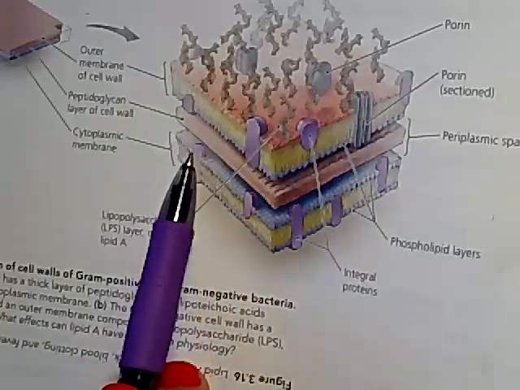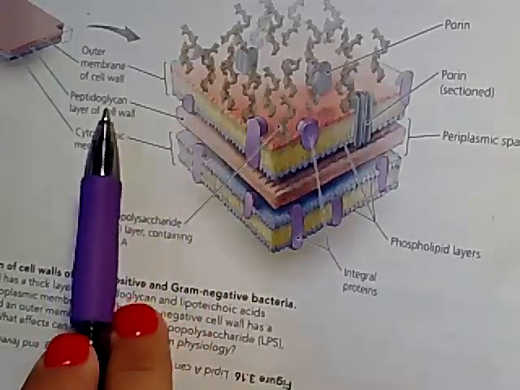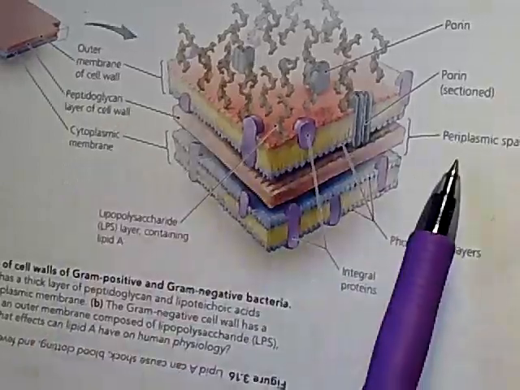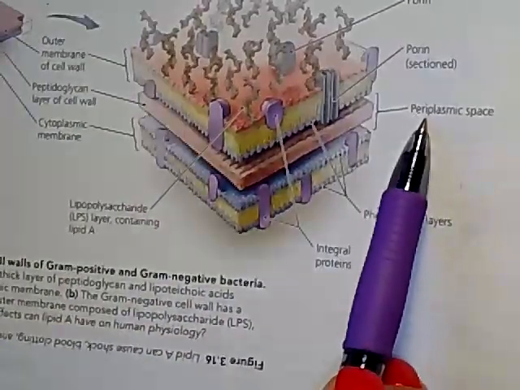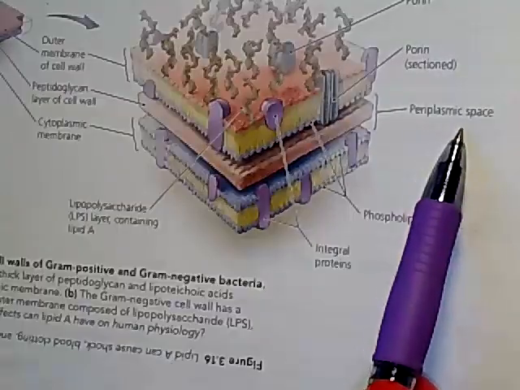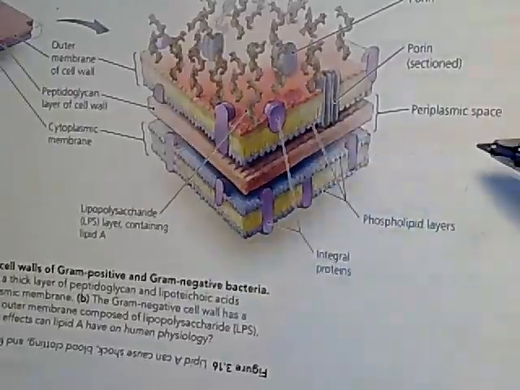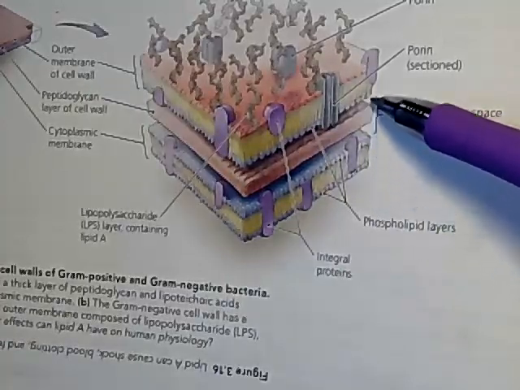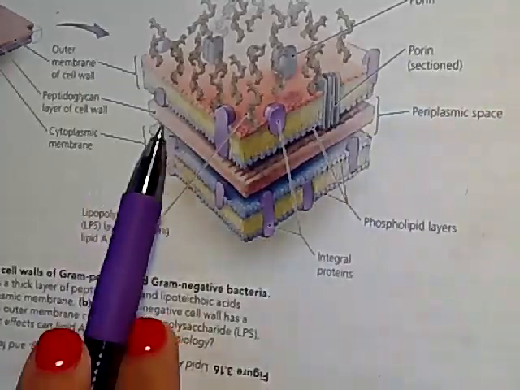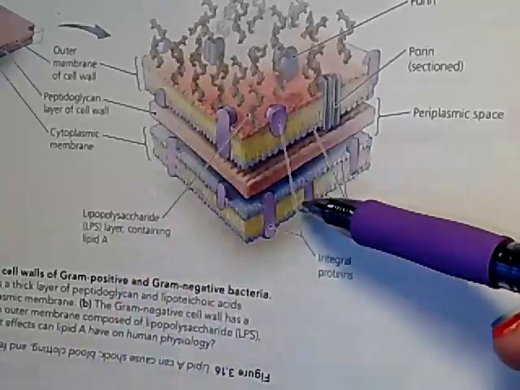Between these two membranes, the peptidoglycan sits in an area known as the periplasmic space. See it right there, peri meaning between, plasma, okay, space. So this is going to be the periplasmic space where the peptidoglycan sits between these two membranes.